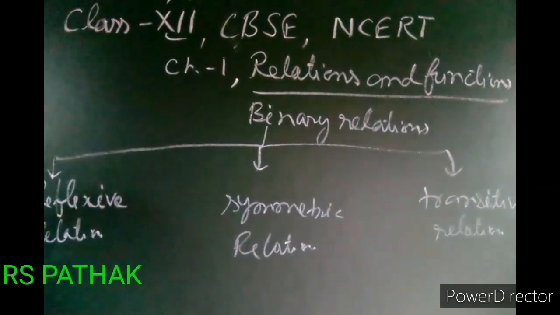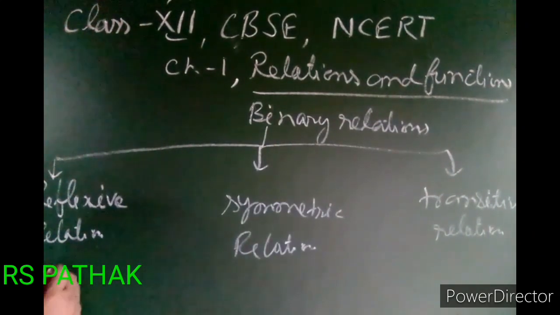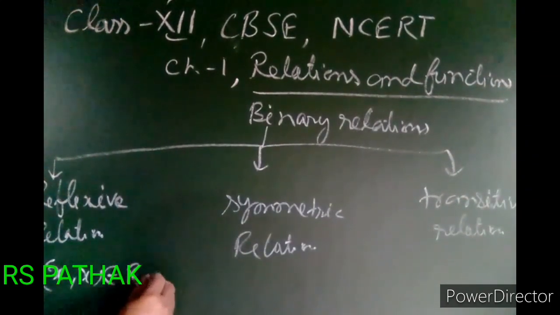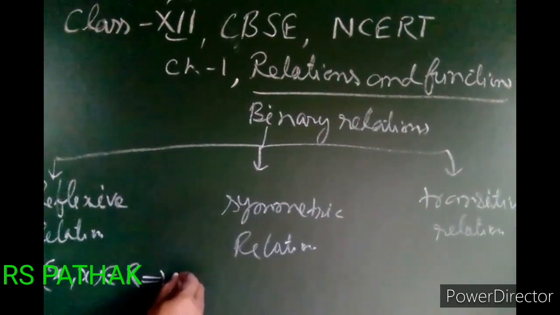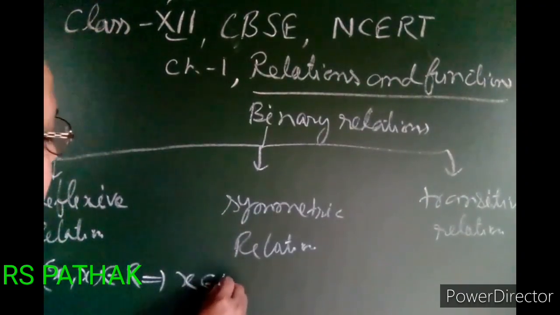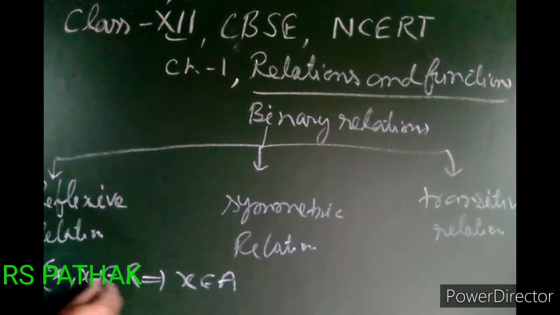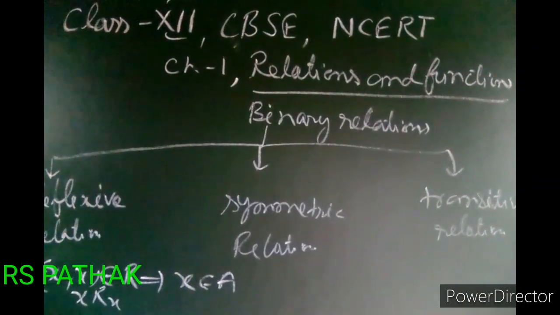Reflexive relation. Reflexive relation means it is written as X belongs to R implies that X belongs to A. It is also written as (X, X), meaning that self to self.